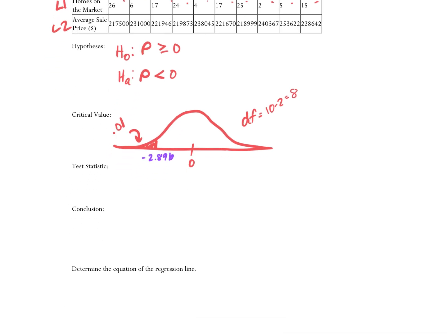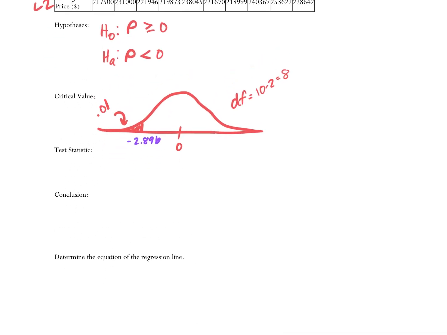Can you please calculate the test statistic for me? Is there a shortcut? Does somebody else want to take this? She just said it. To find the T, I don't think there's a line to find the T. Oh, I must be wrong, it gives you both.